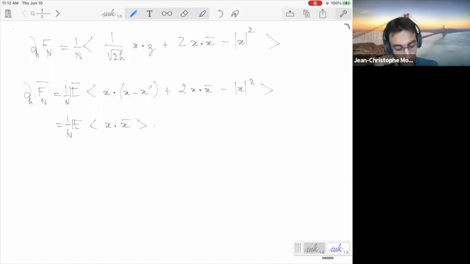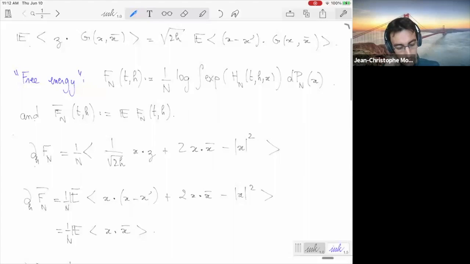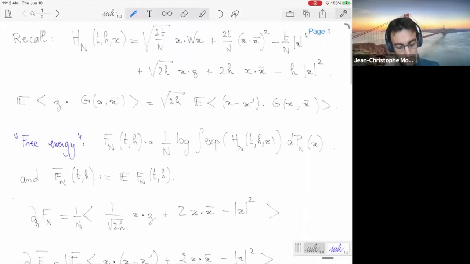And if I try to compute the derivative in t, essentially exactly the same will happen. So let's do this. dt f_n will be 1 over n. Let me display the energy again, it's here on top.